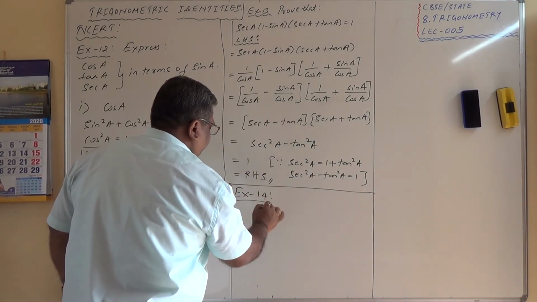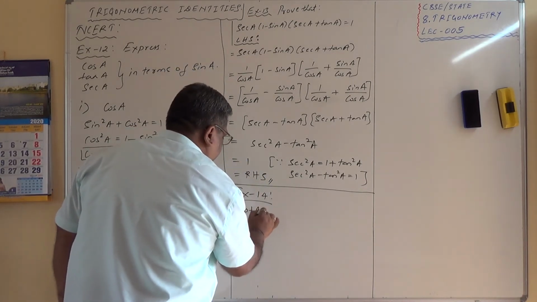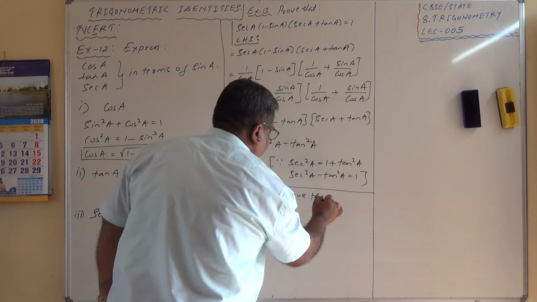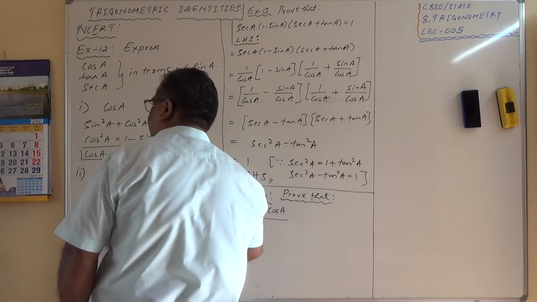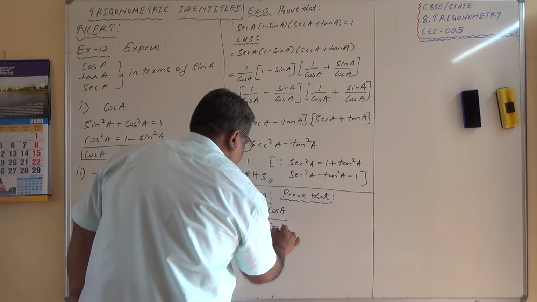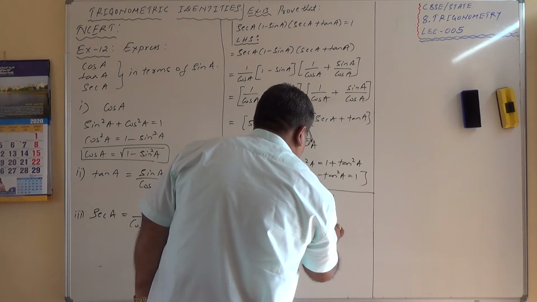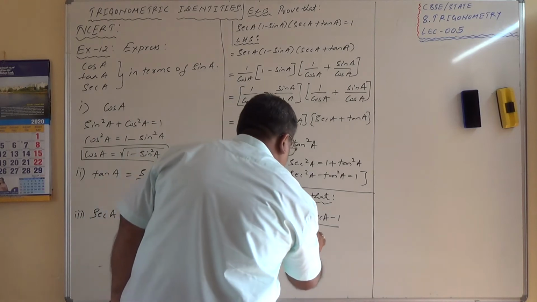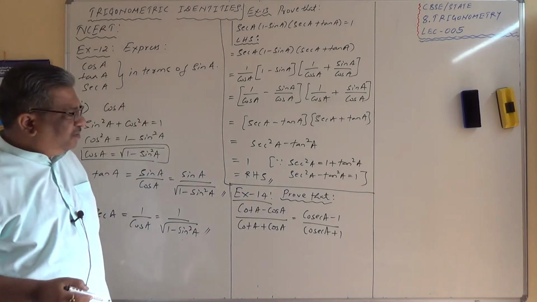Example number 14: prove that cot A minus cos A divided by cot A plus cos A equals cosec A minus 1 divided by cosec A plus 1. This is what is to be solved.